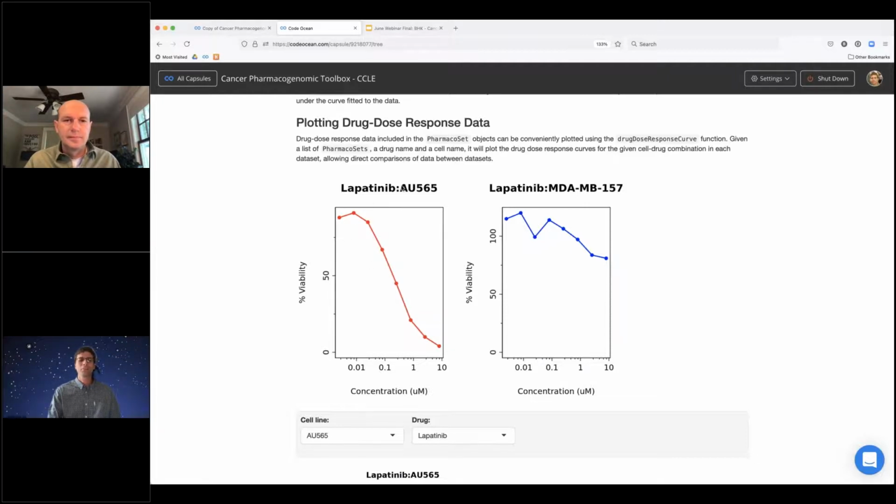And here's an example of ERBB2 positive breast cancer cell lines treated with lapatinib. And lapatinib is actually a targeted drug whose target is ERBB2. So it makes sense that cell lines learn to rely on ERBB2, and therefore when you inhibit it, the viability really drops. But some other breast cancer cell lines, such as MDAMB157, are rather unaffected by the treatment with that drug. So it really gives you very different phenotypes here.